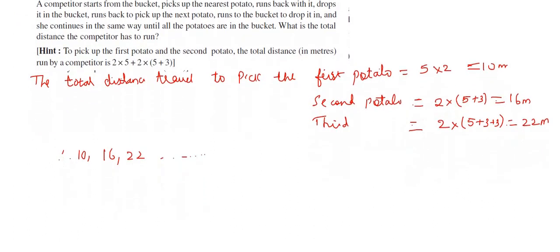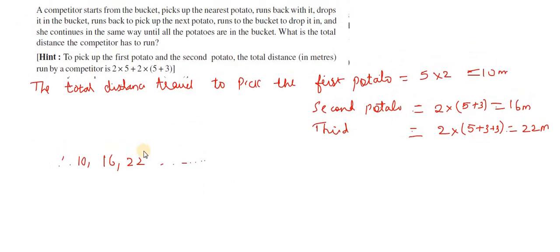So from this we can find how many meters she has to travel to take all the potatoes. Now our a value is 10, and d value is equal to a2 minus a1.